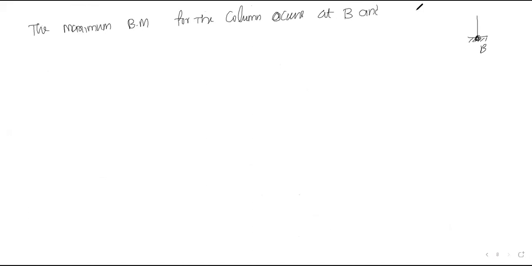It is equal to P into (delta plus e). Therefore, maximum bending moment M is equal to P into e. So delta we have calculated, and instead of delta we substitute e into secant L into root P by EI.